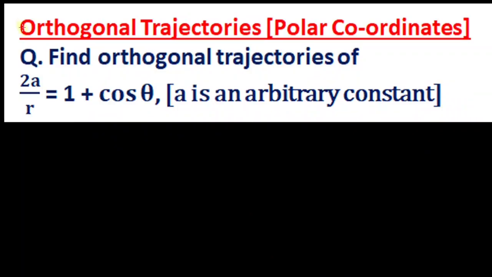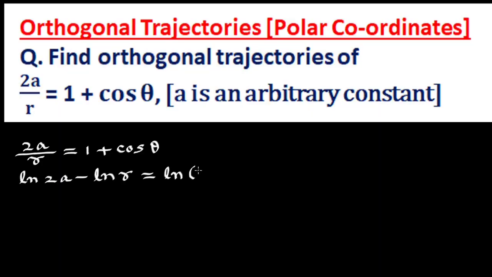We have to find orthogonal trajectories of the family of curves 2a upon r equals 1 plus cos theta, where a is an arbitrary constant. To start with, we will take logs on both sides of the given equation. It will be ln 2a minus ln r equals ln 1 plus cos theta. Now differentiate with respect to theta.